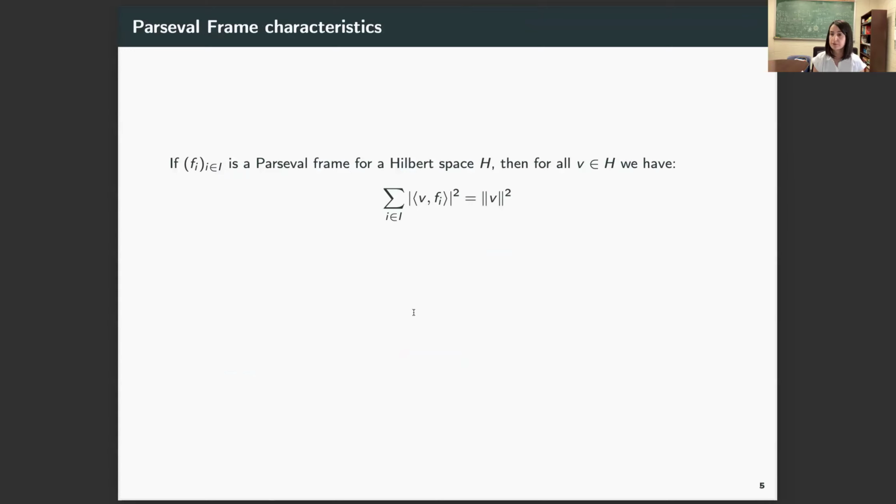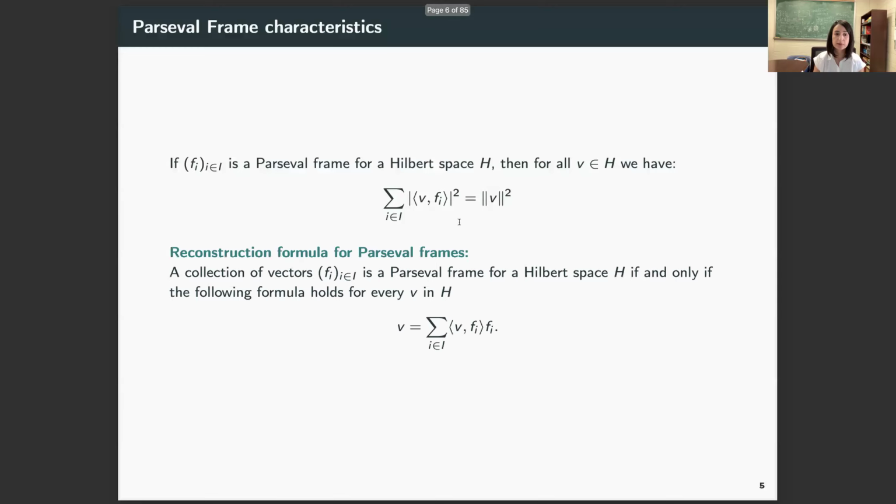In the definition of frames, we have A and B, the lower and upper frame bounds. If you take both equal to 1, you get the definition of a Parseval frame, where we just need this equality to be satisfied. What is interesting and very strong about Parseval frames is the ability to reconstruct.